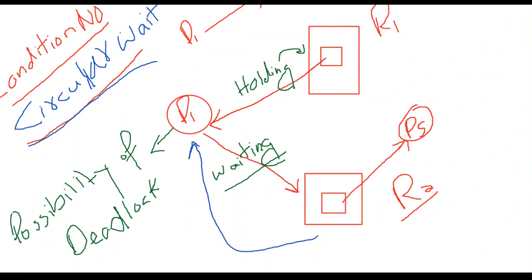Let's suppose after a particular amount of time, for example, P5 is saying that R2 is not sufficient for me, I am going to make a request to have R1.